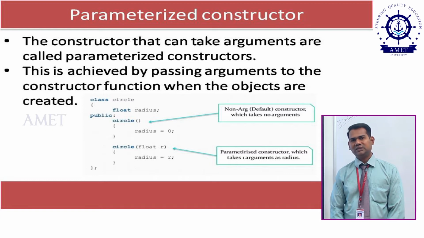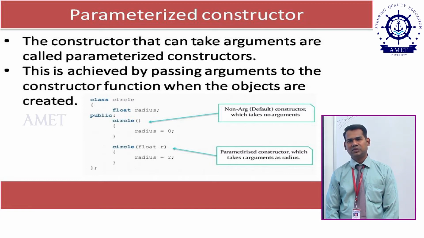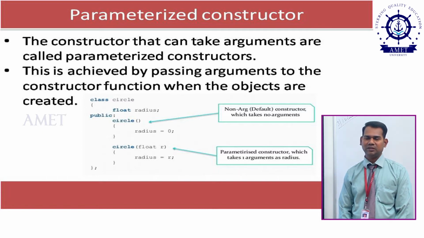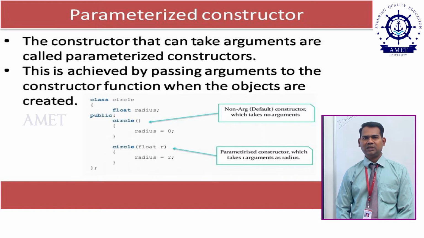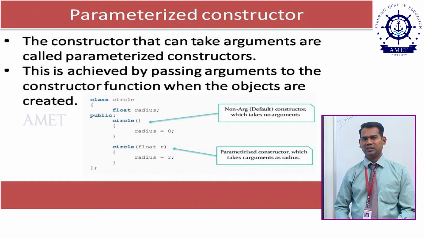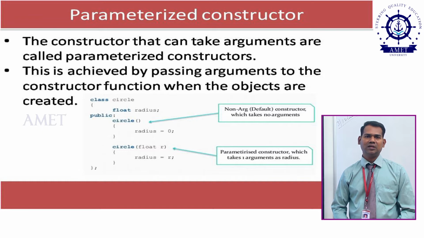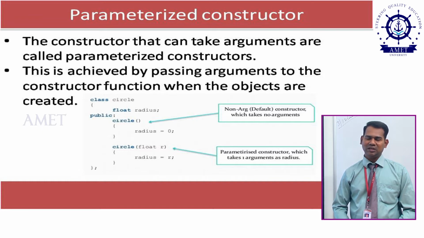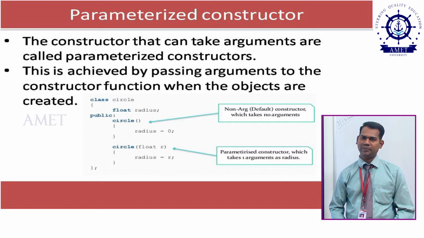A parameterized constructor is also very similar to a function which takes multiple arguments. A normal function can take any number of arguments and any types of arguments, for example two integers, one character, and so on, in different combinations. In a very similar way, a parameterized constructor takes any number of parameters of any type.